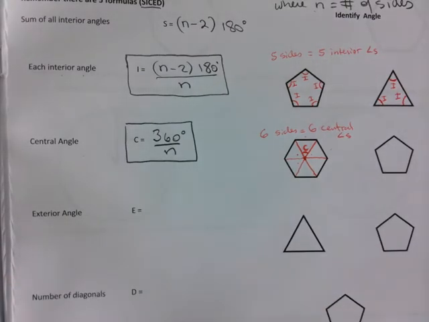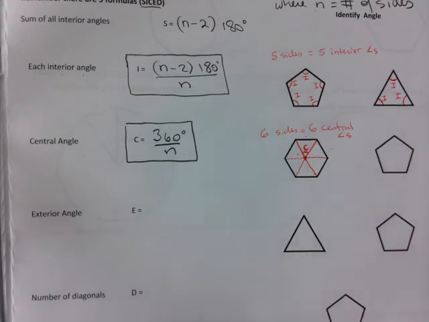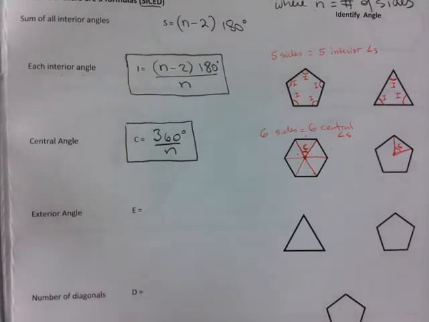So it is like that with everything. The number of sides equals the number of angles that you will have. Okay, let's do one more here, just one. If this is the center, just go to one corner, go to the other corner. That's the central angle, so we label that with letter C normally.